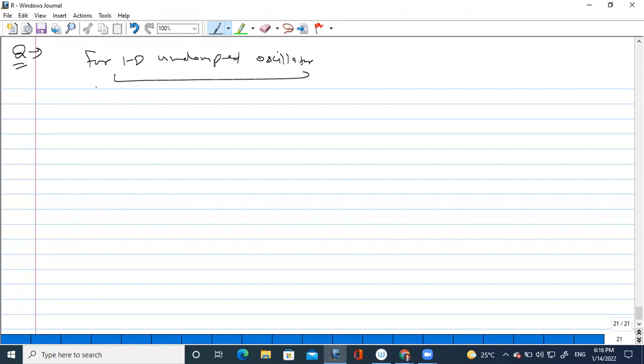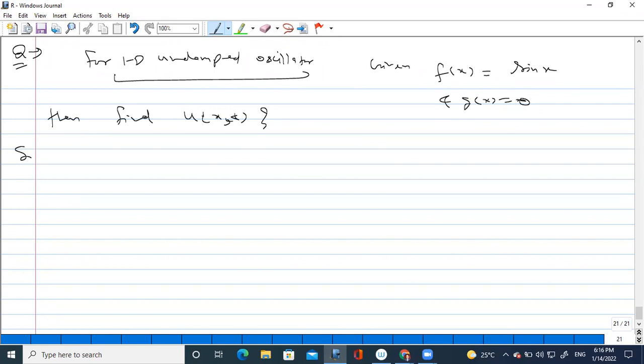No need to give anything. Given f(x) is sin x and g(x) is 0. Then find u(x,t).